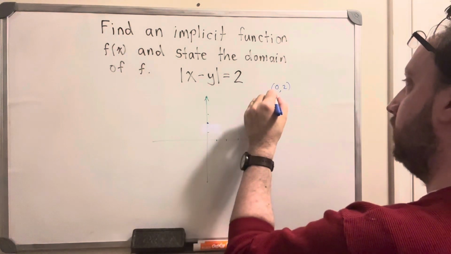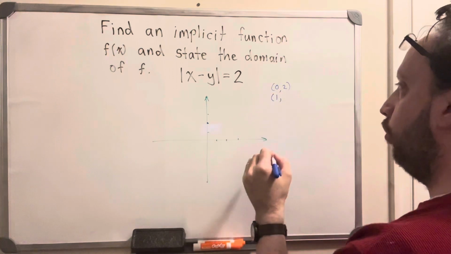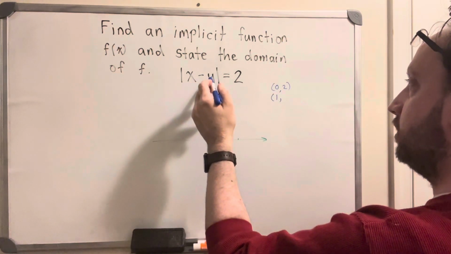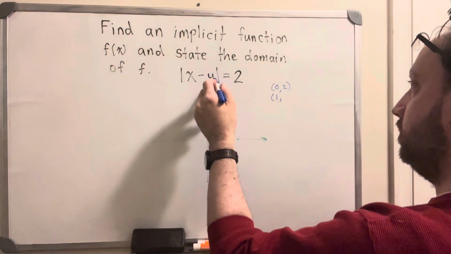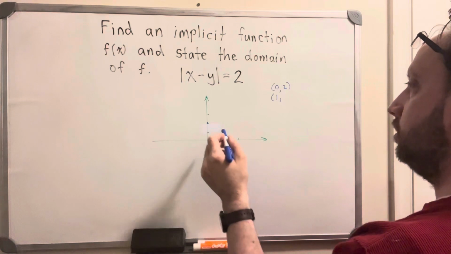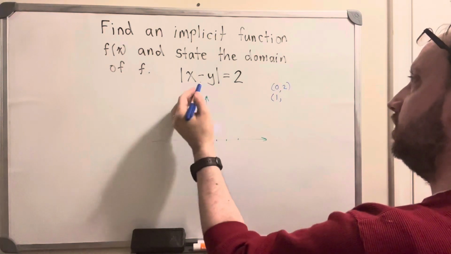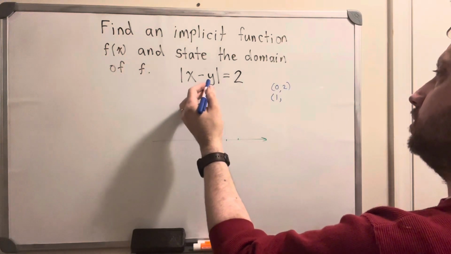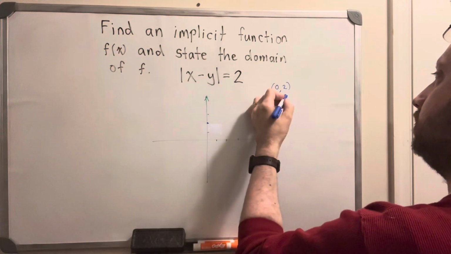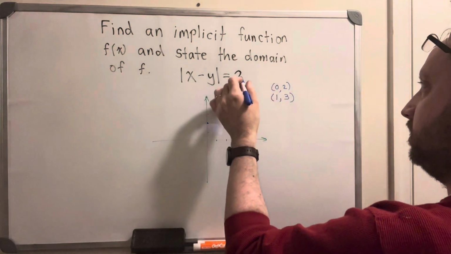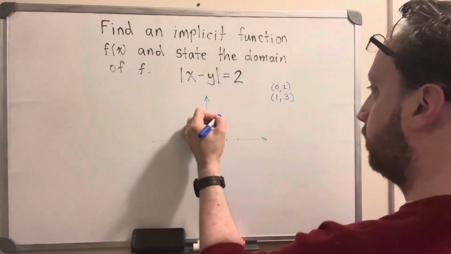What if x were equal to 1? 1 minus what, absolute value, is 2? Well, 1 minus 3 is negative 2, absolute value is 2, so 1, 3.